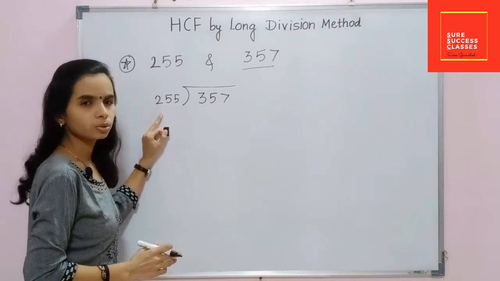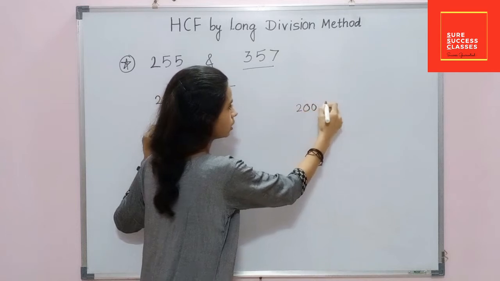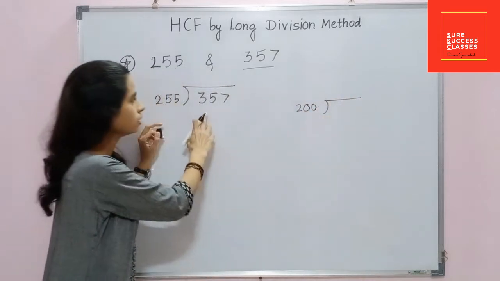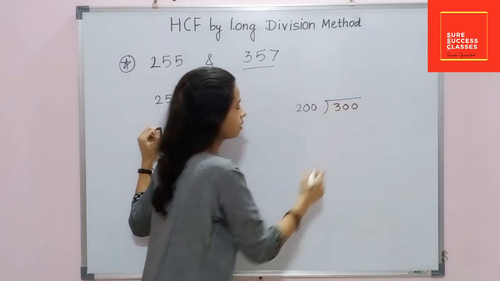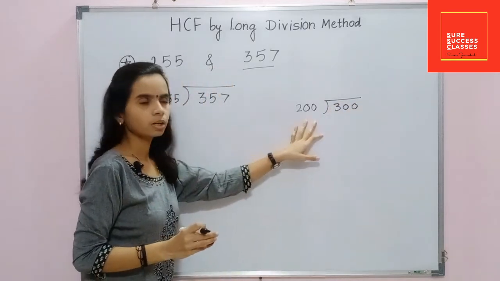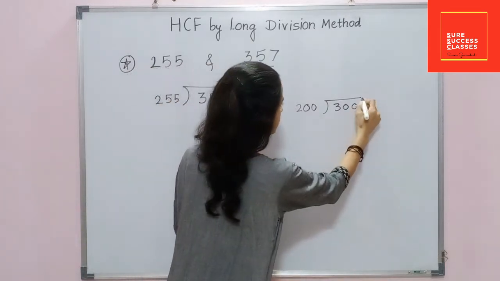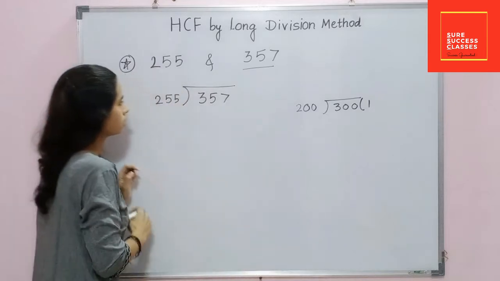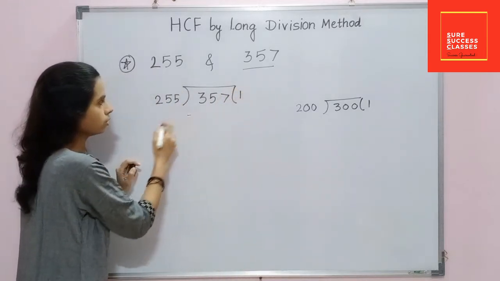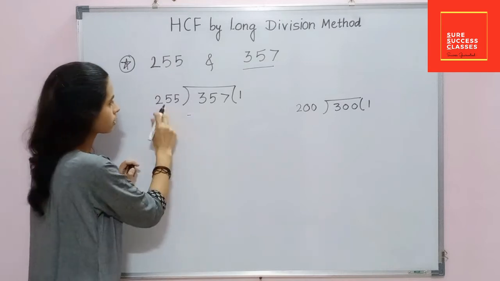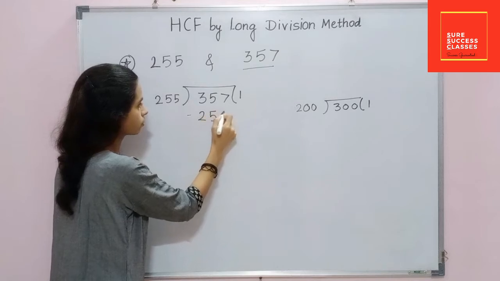Here 255 we take as 200, and 357 we take as 300. This 200 will go only one time in this 300, so we will use that concept to divide. 255 ones are 255.